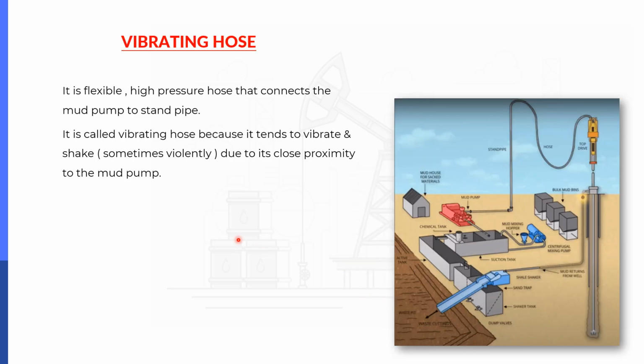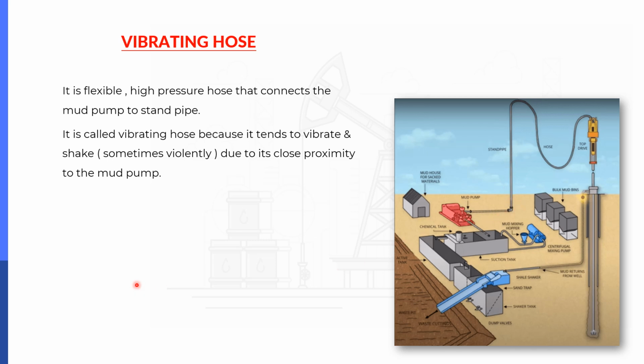Vibrating hose. Vibrating hose is a flexible high pressure hose that connects the mud pump to the standpipe. This is the mud pump and this is the standpipe.